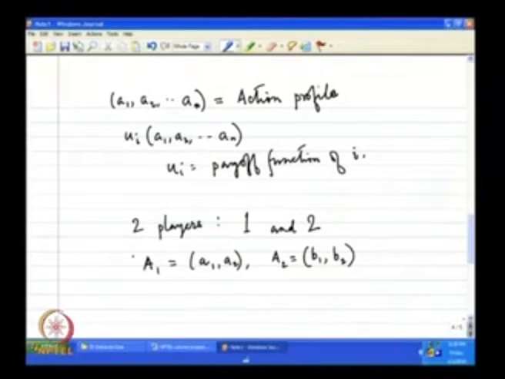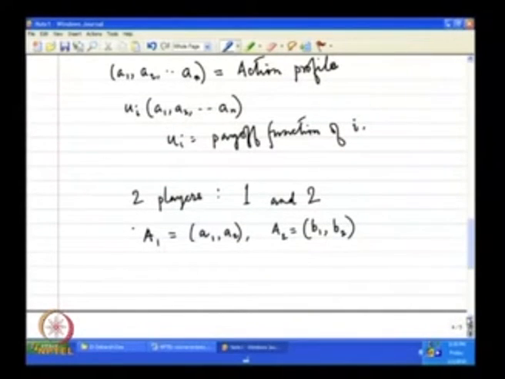In this case, how many action profiles can be constructed? Action profiles will be 4 in number. It is obvious because the first element of the profile should come from the action set of the first player.